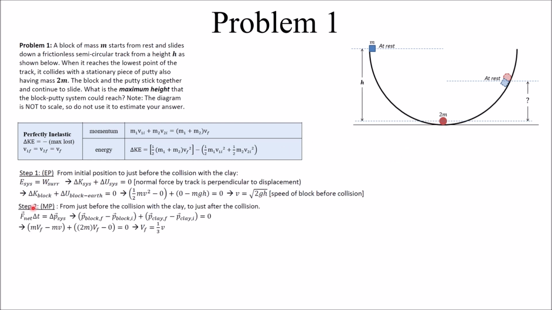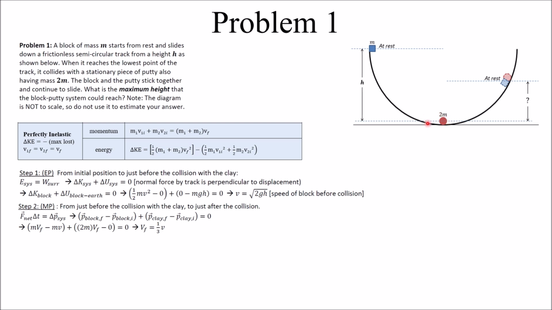And step 2, we'll look at the collision itself, and we'll say from that momentum principle, we have this idea that the momentum before is equal to the momentum after the collision. And so once you set, okay, well, what's the momentum before? Well, you have this mass, m, moving at the velocity which we just solved for, and the 2m is at rest.